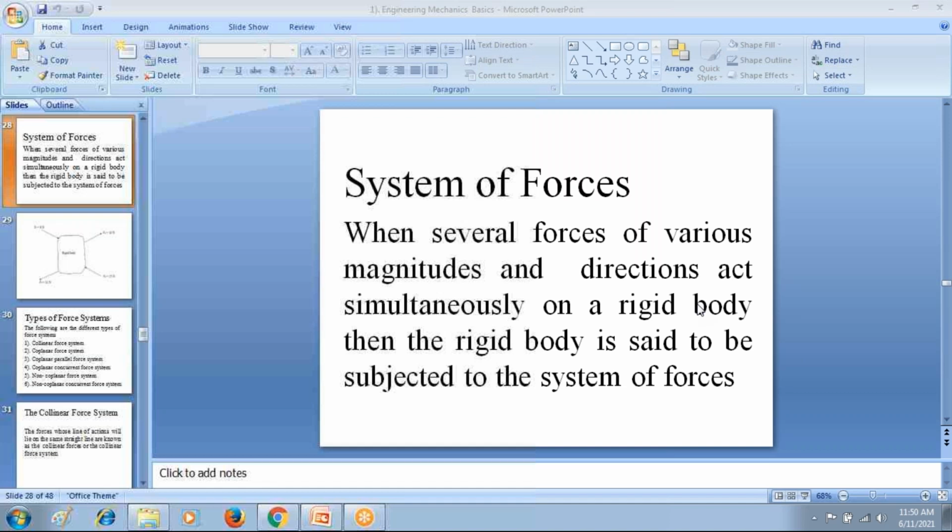So slowly we are traveling in engineering mechanics. If you have any doubts in these beginning concepts, please discuss with me. Any doubts in the basics of unit 1?